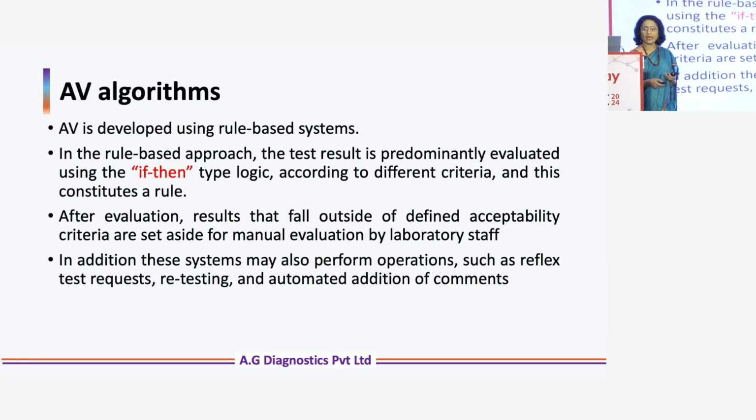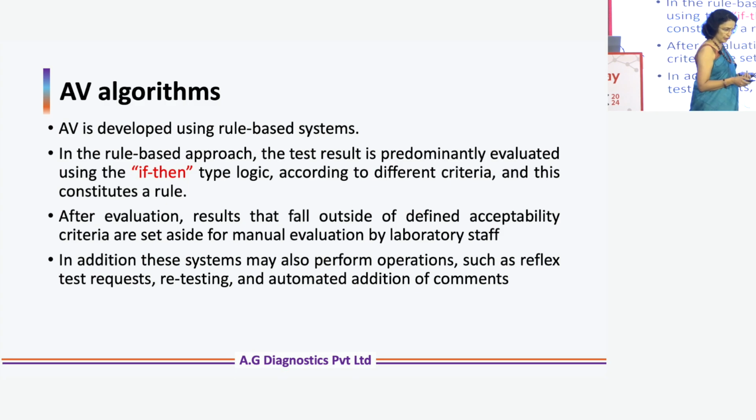So the AV algorithm is developed using rule-based systems. In the rule-based approach, the test result is predominantly evaluated using if-then type of logic. So, you know, these are just a nomenclature of the logics that can be used. So, if the TSH is this much, or if the cholesterol is this much, then what happens, that kind of a thing. Now, after evaluation, results that fall outside of the defined acceptability criteria are set aside for manual review by the laboratory staff.